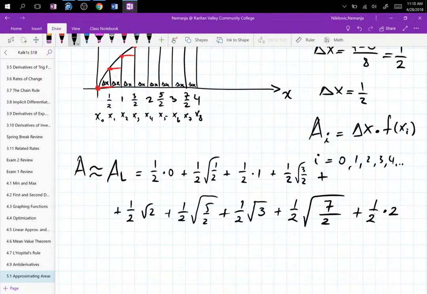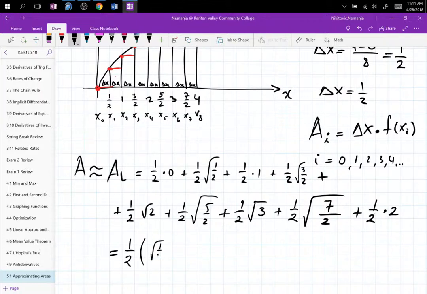And now you compute all of this, right? So the first one is 0, so we don't have to worry about that. The last one is 1. So I'm going to compute. Now, do you guys see that you can factor out 1/2, that each one has 1/2, right? So that's the key. We are actually going to factor out the delta x for our calculations later. So I'm going to factor out 1/2, forget about 0.